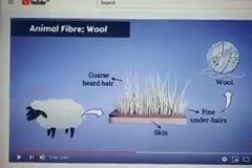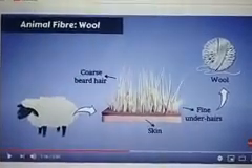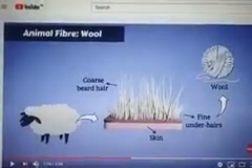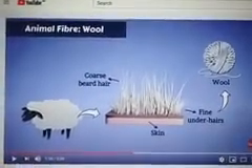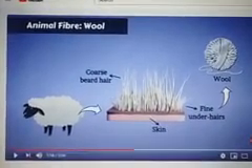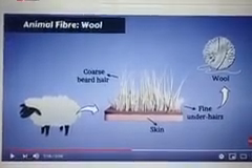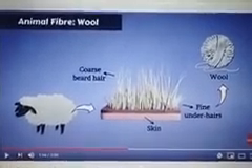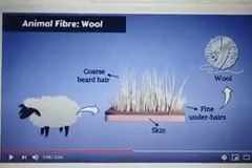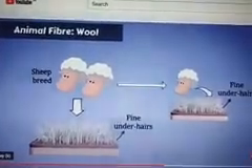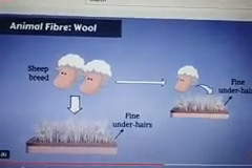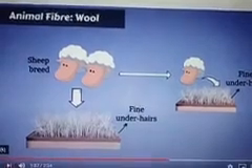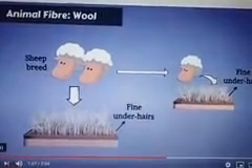Children, here in this picture you can see sheep can have coarse hair and fine under hair. Under hairs are very soft and coarse beard hairs are very coarse or tough. So the soft one is very much useful for making soft sweaters and shawls. Here children, in this picture you can see sheep breeds, the male and female having fine under hair.